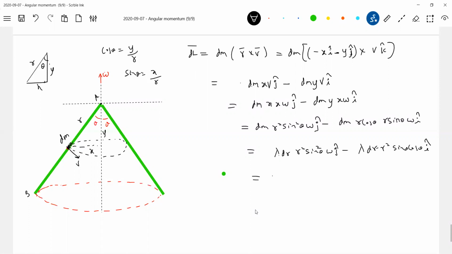Lambda will be written as M by L omega sin square theta r square dr j cap.